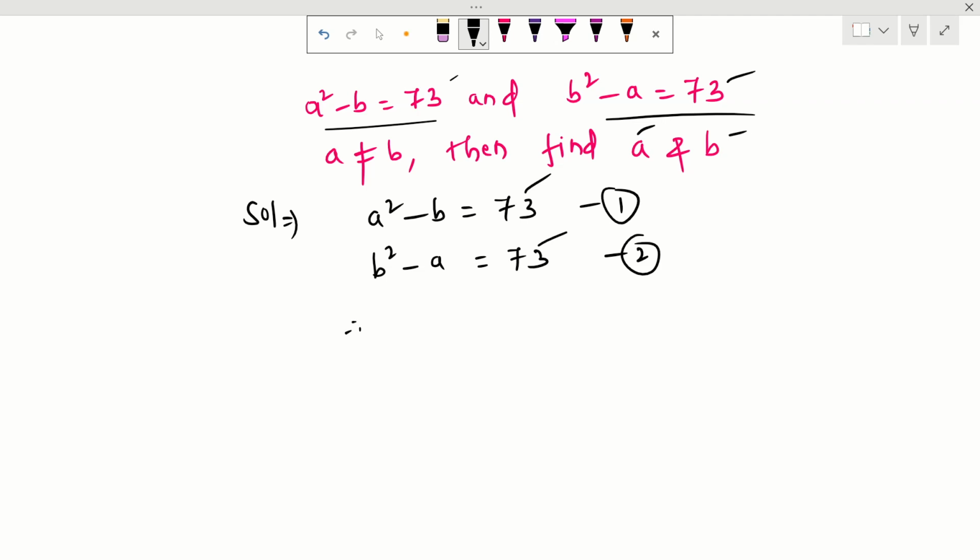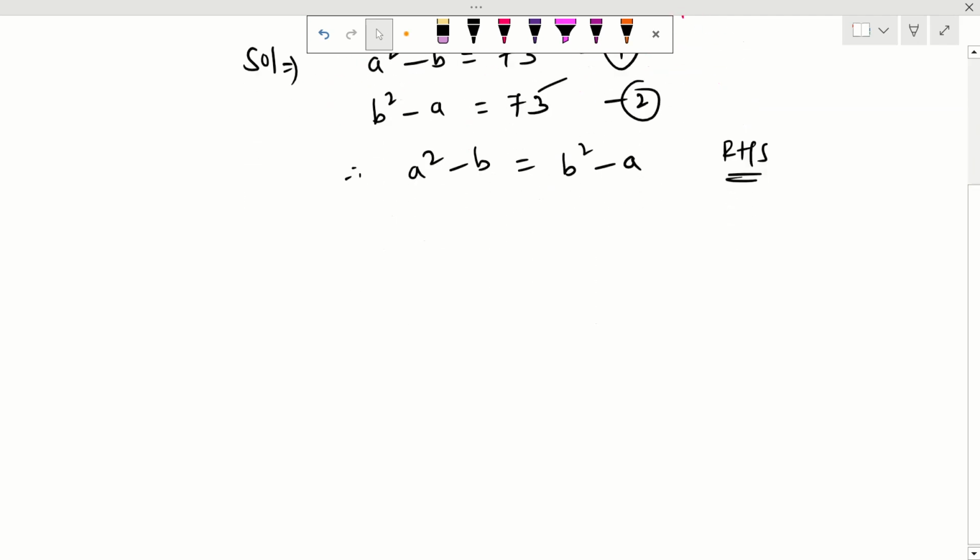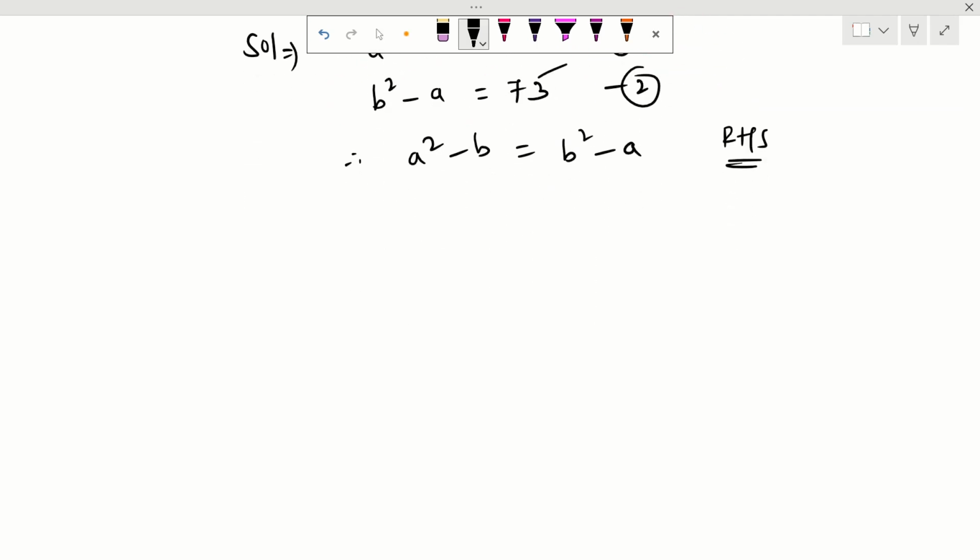Therefore we can write A square minus B is equal to B square minus A, because the RHS terms are equal, right? If we simplify this, A square minus B, I will take this side, then it will be minus B square plus A is equal to 0, right?